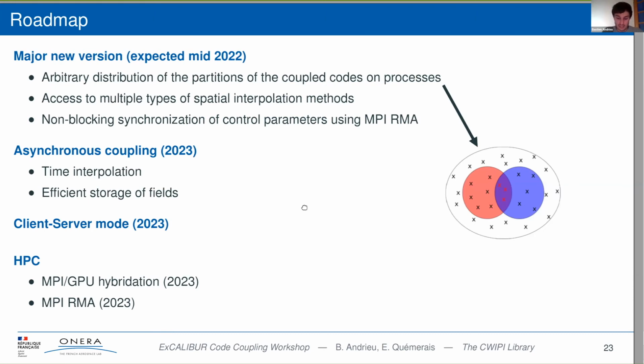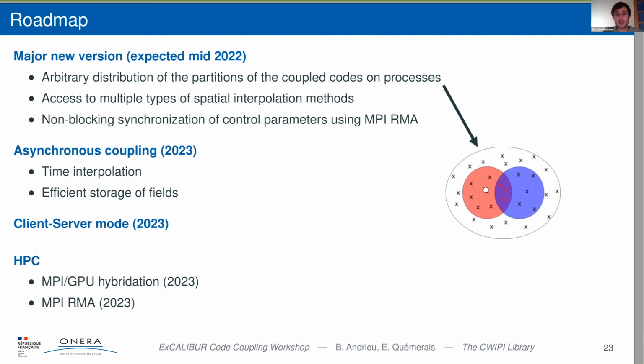A future version will remove this constraint, as shown on this little diagram. The partitions of the coupled applications will be able to be distributed arbitrarily.